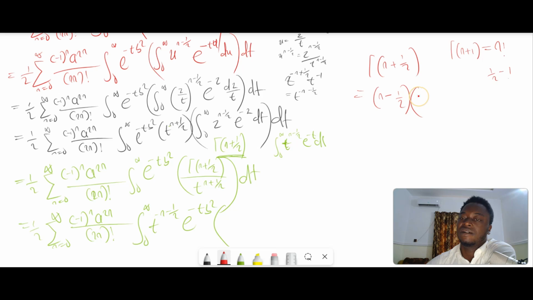Then you have n minus 1 over 2 minus 1, n minus 3 halves, right? Because you have 1 over 2 minus 1, and then minus 1 over 2 minus 1, that is the 3. Then you have n minus 5 halves, and then you continue.